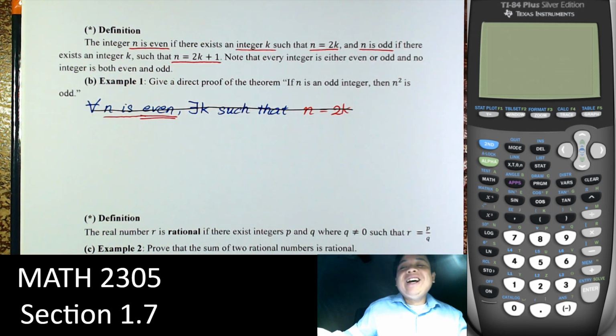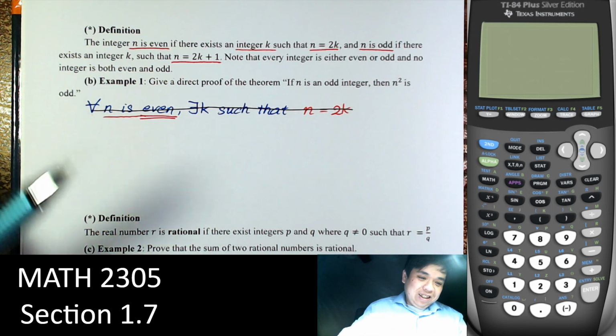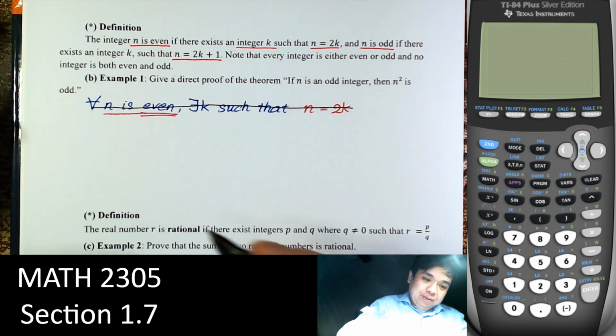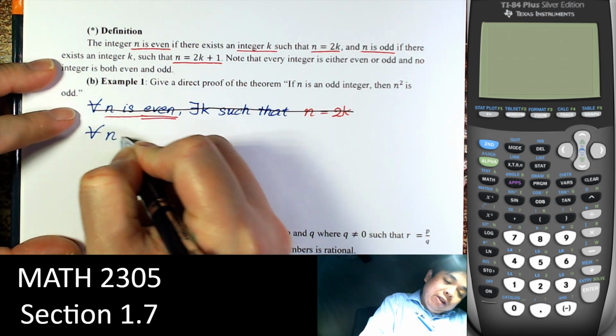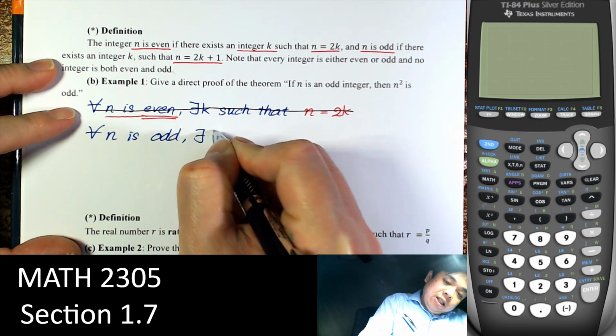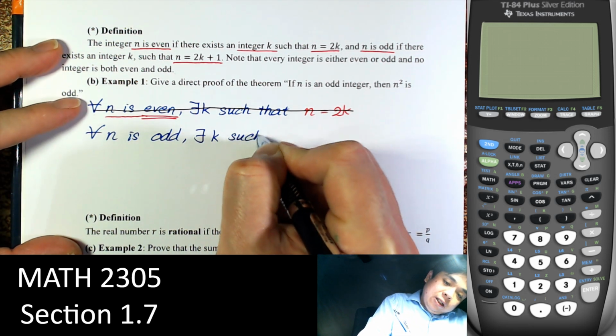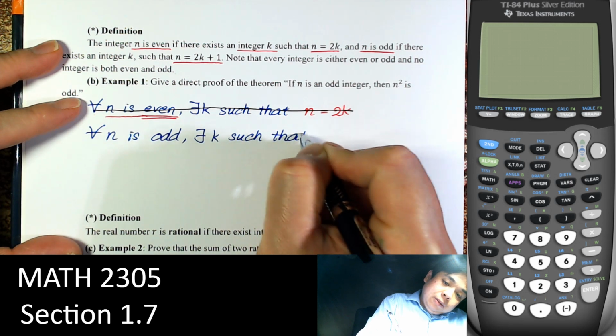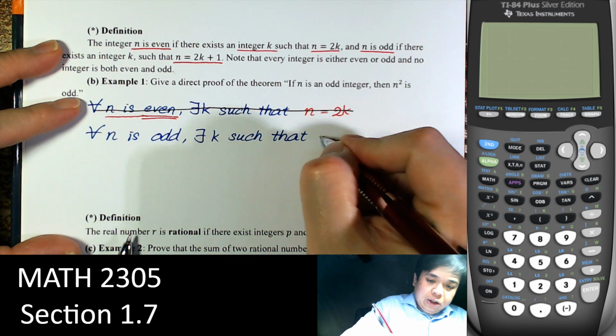So start again. For every n that is odd, there's this k such that n equals 2k plus 1.